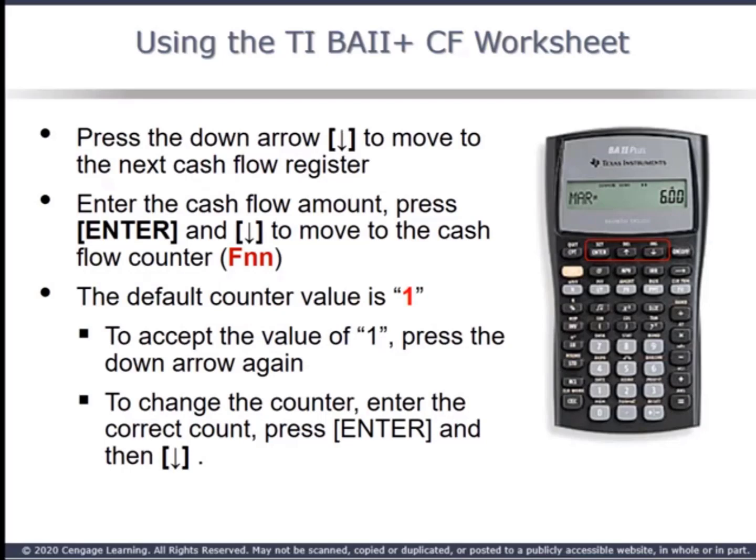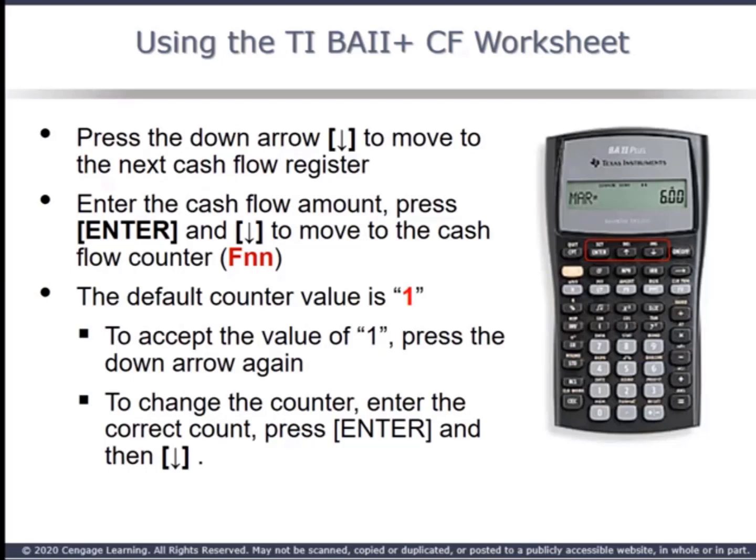The display will show C01 for you to enter cash flow 1. Enter it and press the down arrow again. The display will show F01 for you to enter the frequency of cash flow 1. If successive cash flows are the same amount, you do not have to, but you can, enter each one separately. You can use the frequency counter to tell the calculator how many cash flows are the same.